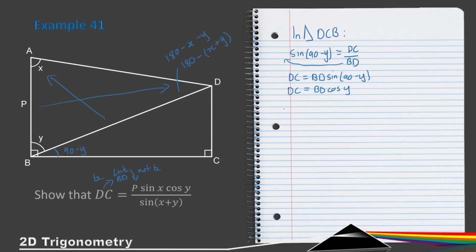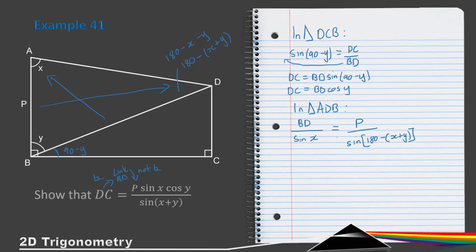I want BD in terms of P, so I'm going to start with BD. In triangle ADB, we have BD over sine of x is equal to P over sine of 180 minus x plus y.